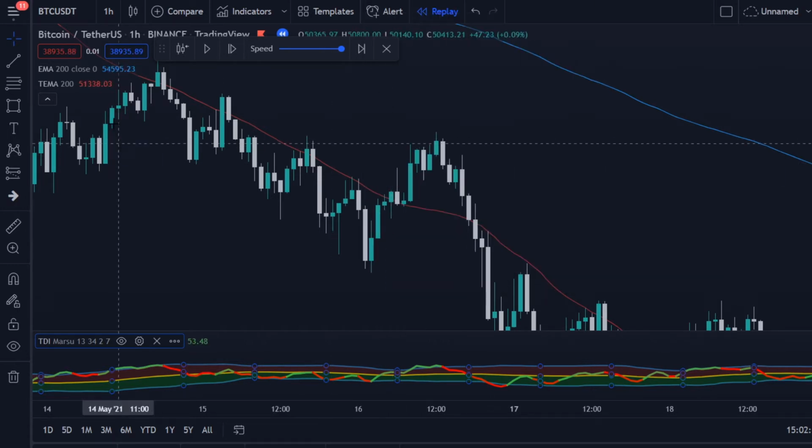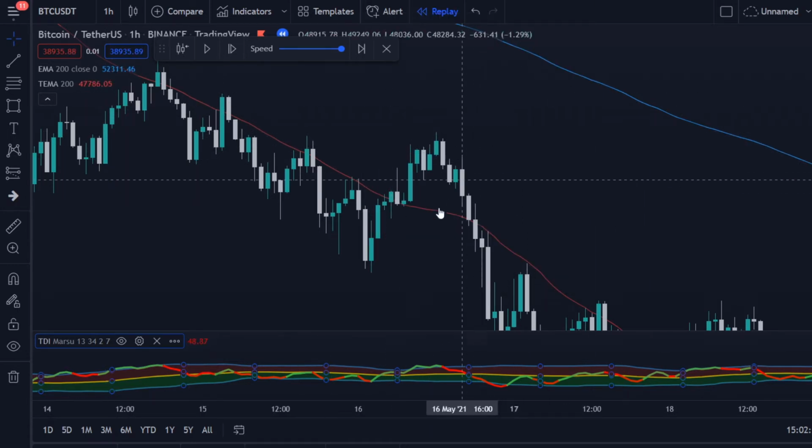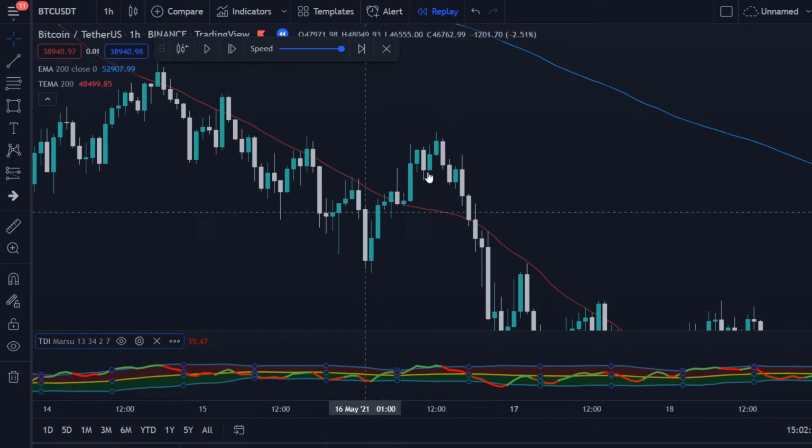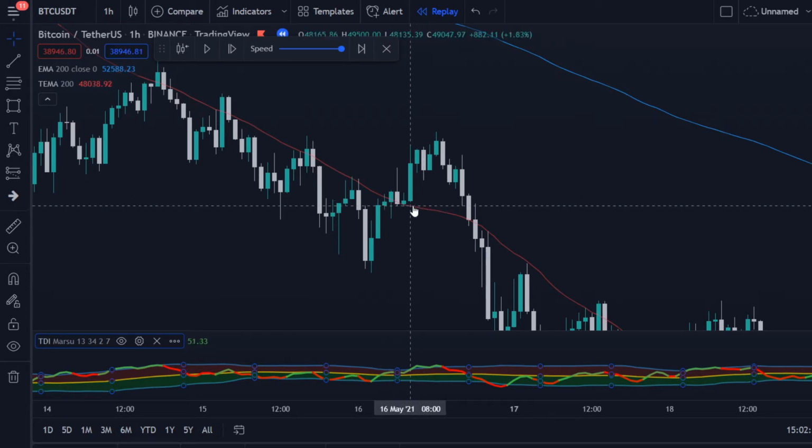Okay, we have 3 indicators displayed right now. In order to take a trade, let's say a sell trade, we need the price to be below the 200 exponential moving average, which is the blue line. So that's the case. Then we need the price to go above the red line, which is about here. And from that moment, we will drop down and look at the TDI.